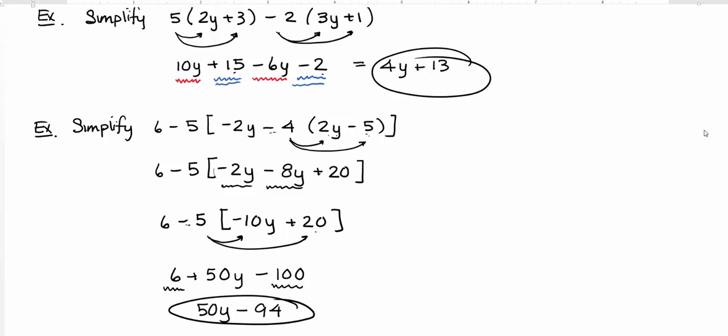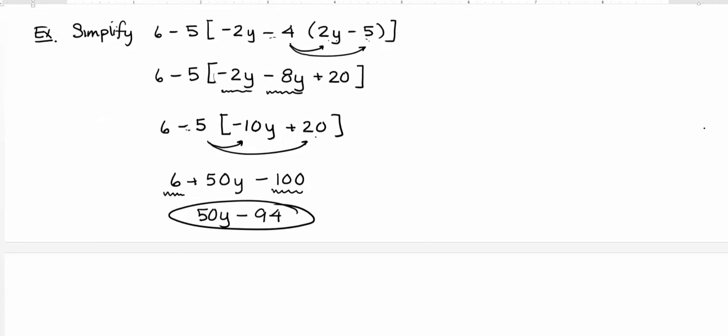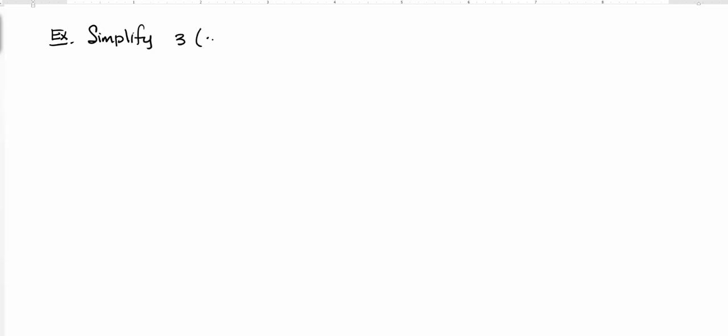Okay, let's do one more example. Simplify 3 times the quantity 2a minus 5 plus the quantity 2a minus 7 times the quantity 4a plus 1.